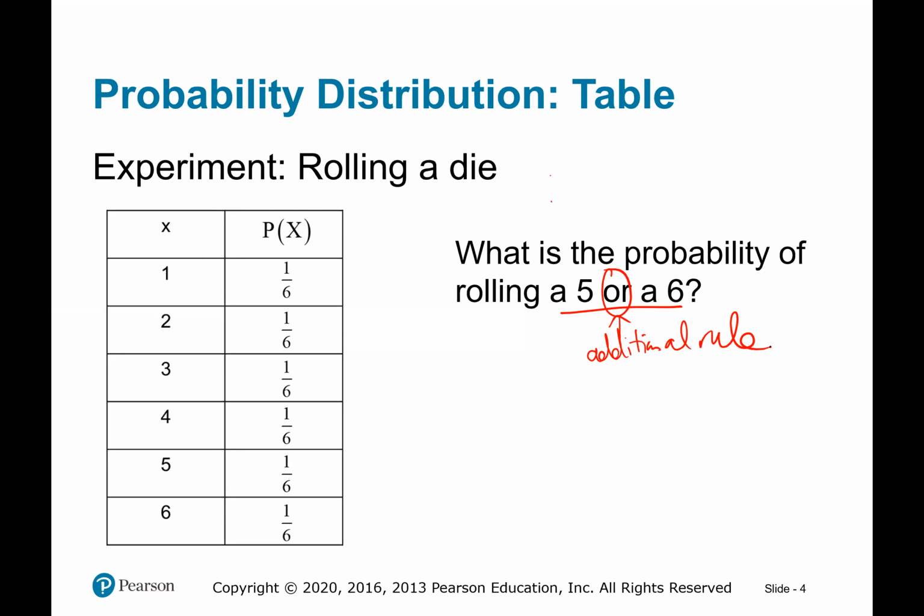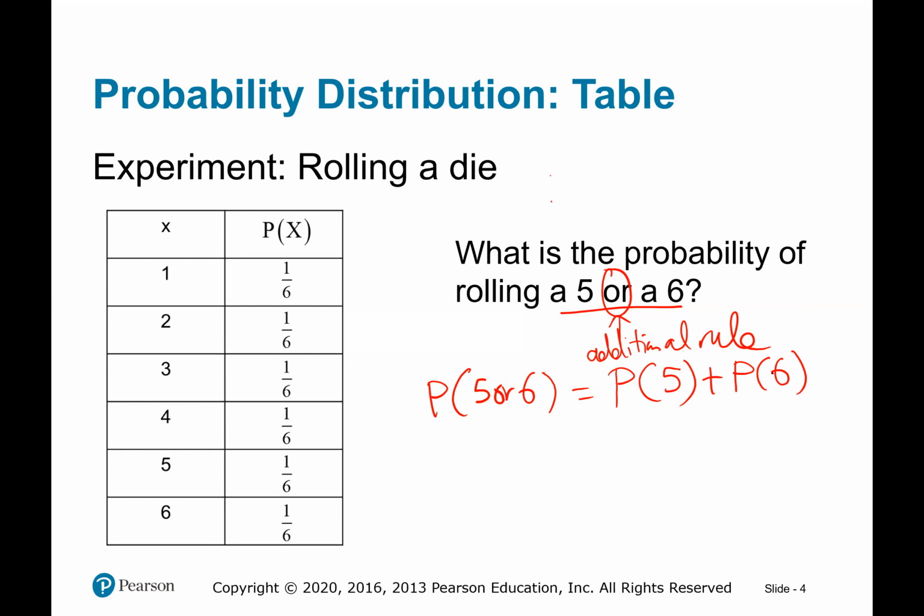So the probability of 5 or 6 will be equal to the probability of 5 added with the probability of 6, right?